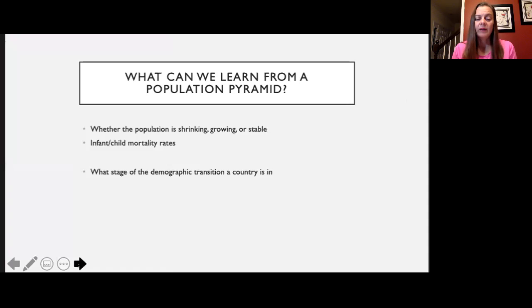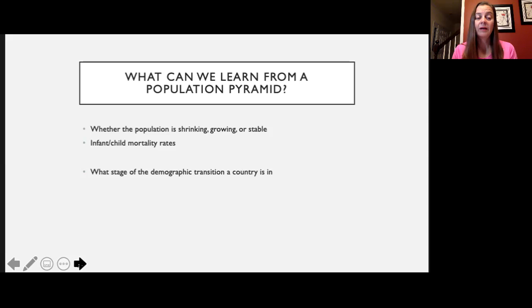All right, so what can we learn from these population pyramids? We can look at a population pyramid and know whether a population is growing or shrinking. If it has a wide base and narrows quickly, it's growing quickly. If it has a wider base and top, it is growing. If it's narrower at the bottom than at the top, then it's going to be a stable population.